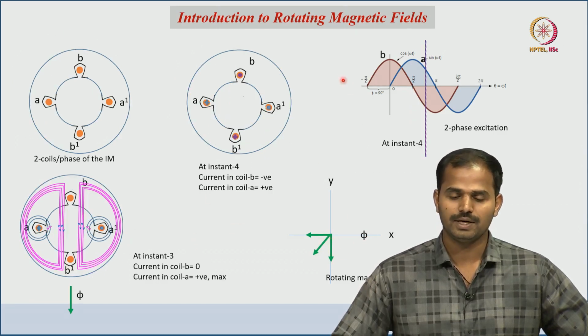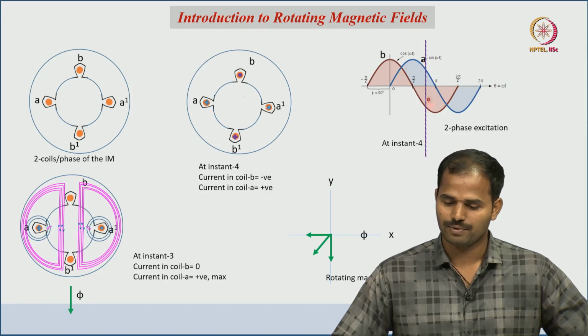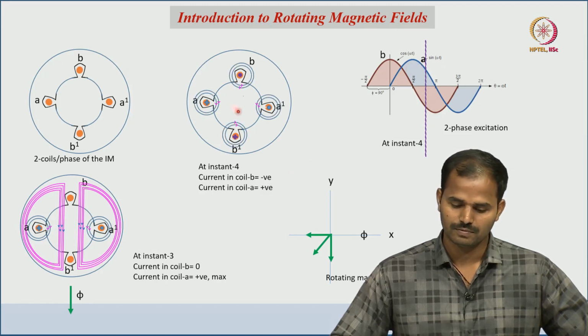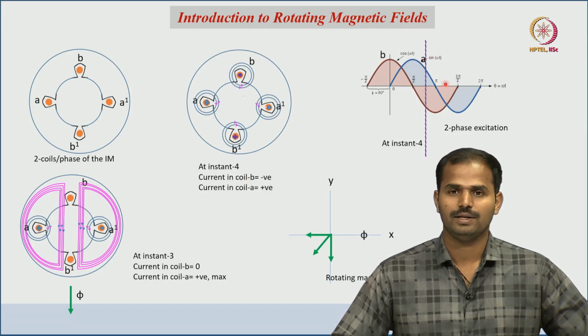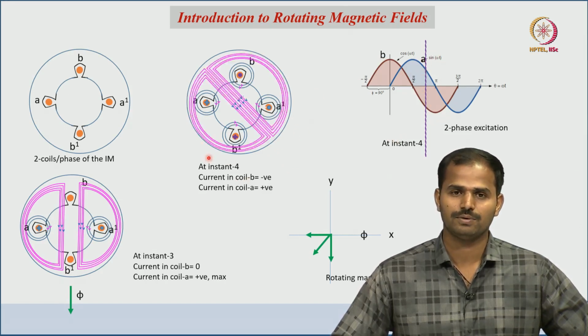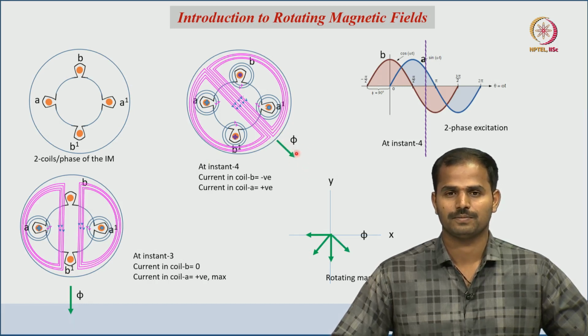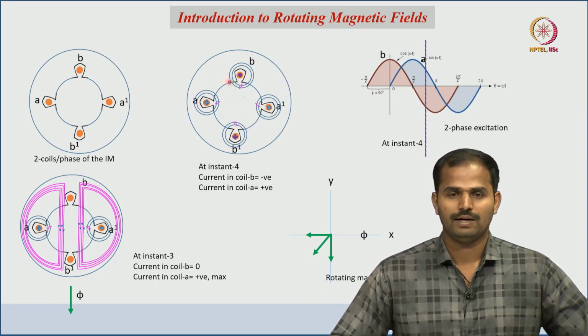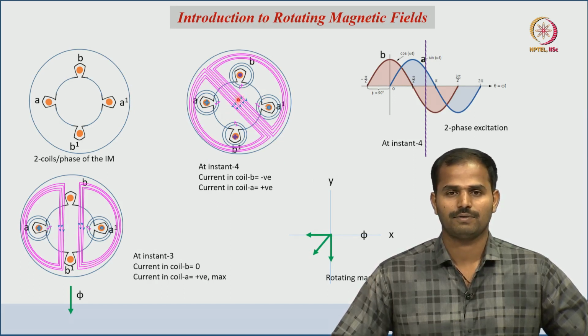Similarly, at instant 3 pi by 4, both currents are there in the coils A dash and B dash, same thing we have discussed as of now, and the resultant flux vector is in this way. Apply the thumb rule and identify the flux loops, then identify which loops are additive, and then identify the direction.